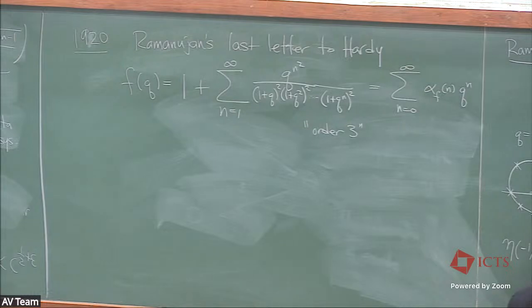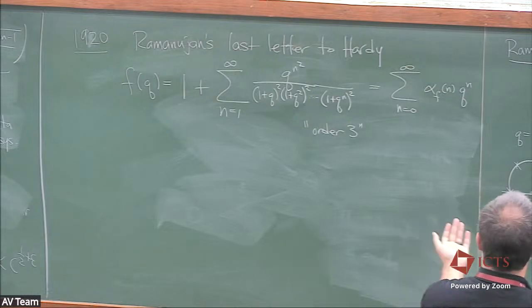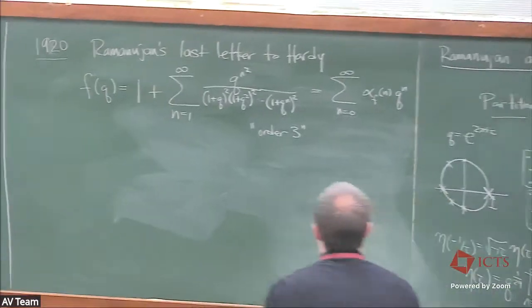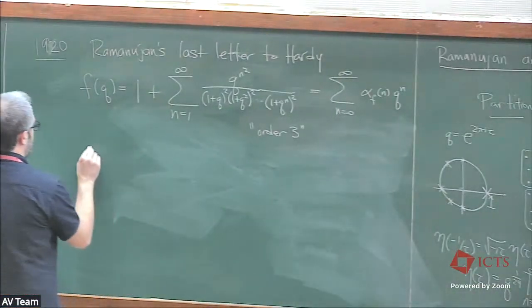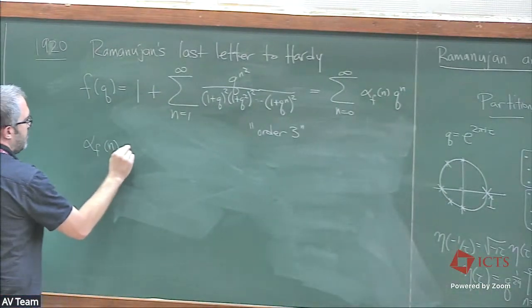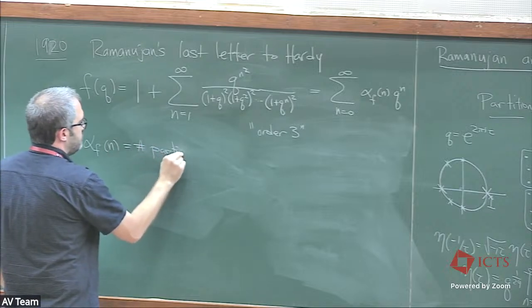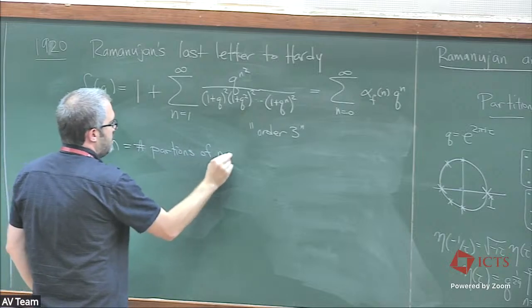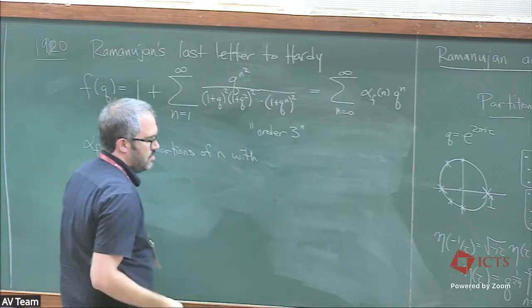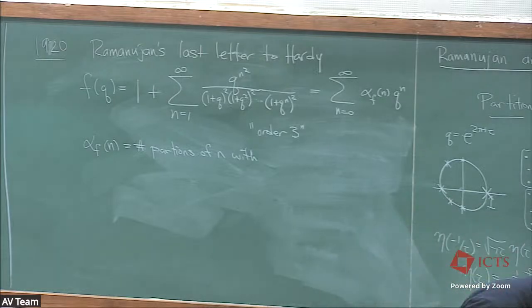Okay, so, well, maybe a first question is, does this relate at all to partitions? And the answer is yes, it does. So alpha f of n counts the number of partitions of n with, is it even minus odd or odd minus even? It's even minus odd.